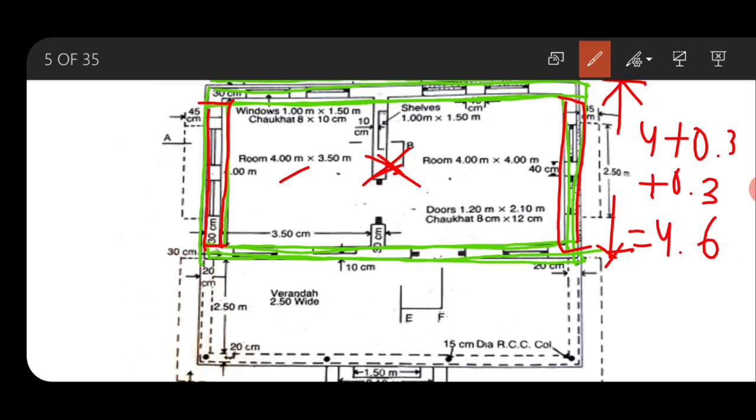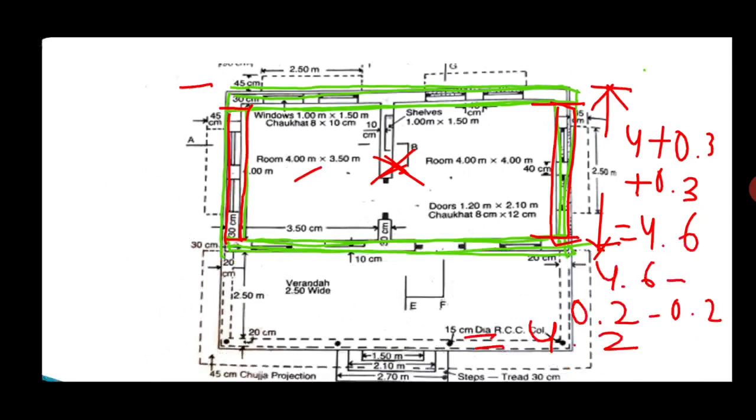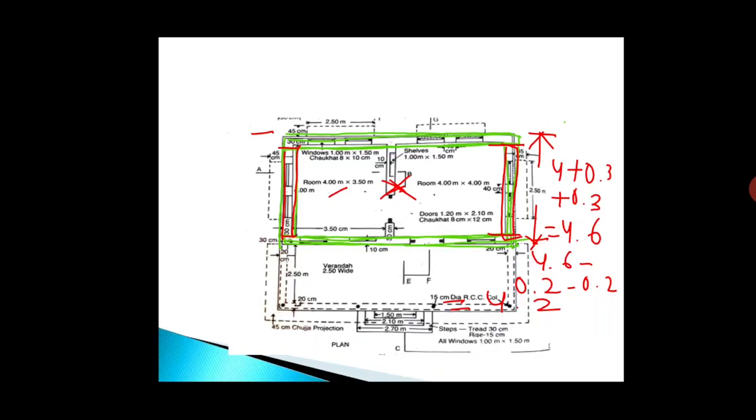From this out to out dimension we will subtract 20 centimeter from both the sides, as this work has already been completed. So from 4.6 we will subtract 0.2, that is the width of the parapet, from both the sides. So this will give you the length as 4.2 meter. So the length along short wall is 4.2.